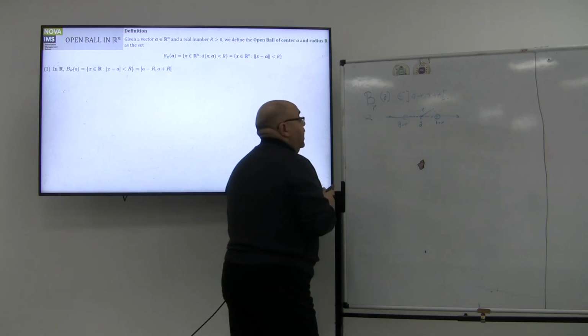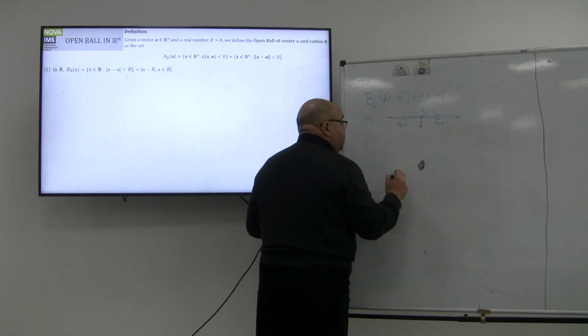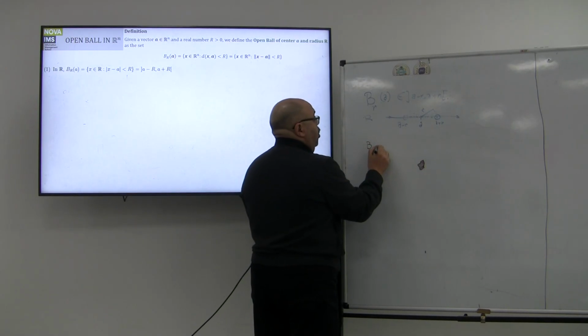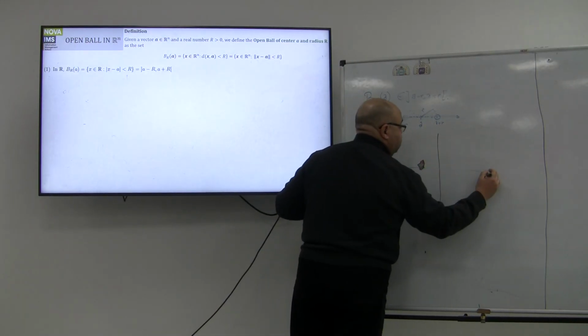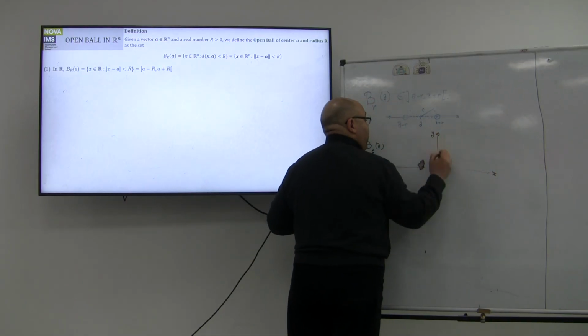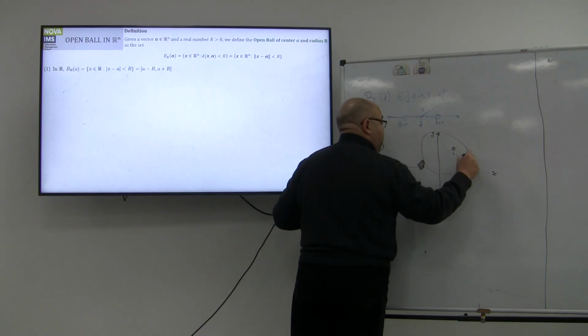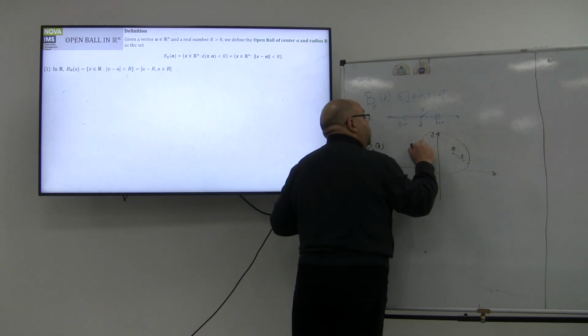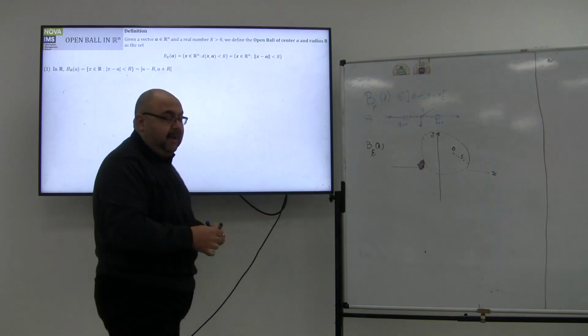If I'm in two dimensions, the open ball in this case, if I wrote B of A with radius epsilon, that means this is the x-axis and that's the y-axis. This is point A and here is epsilon, and in this case it's going to be a circle around A without the boundary. This is why it's called an open ball in two dimensions, as you will see.